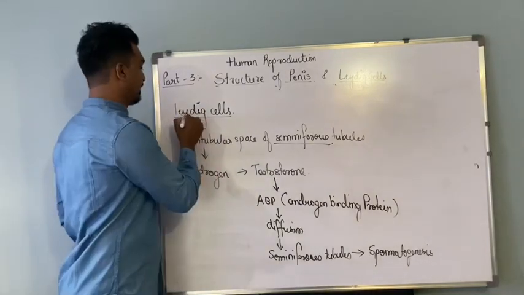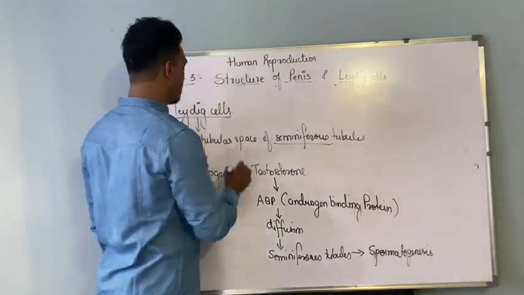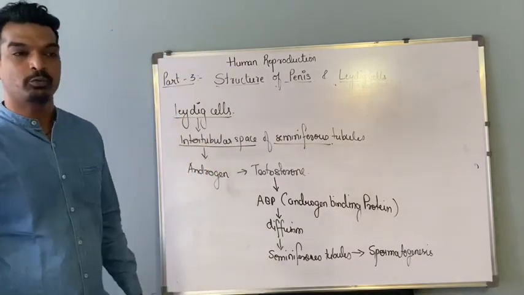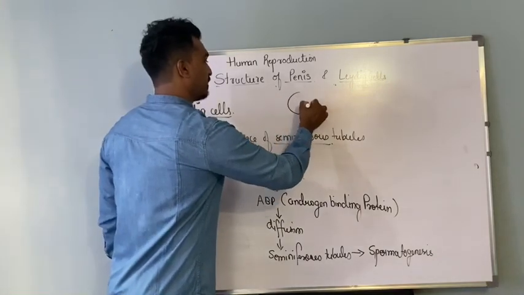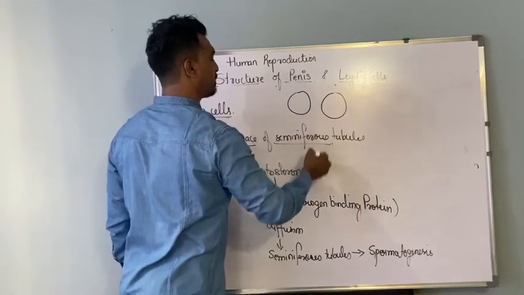Now, moving on to the Leydig cells. These Leydig cells are present in the intertubular space of the seminiferous tubules. Let us consider this is a TS of one seminiferous tubule, and this is a TS of another seminiferous tubule.